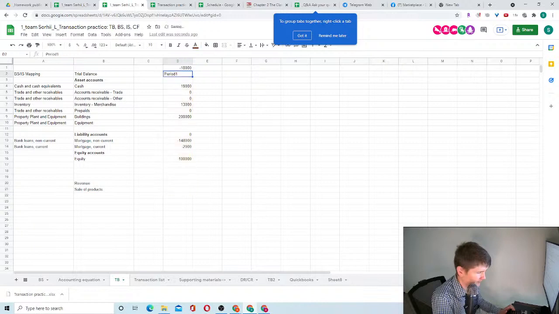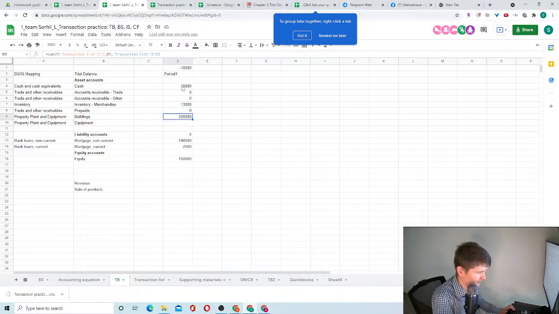And what we need to see here is, wow, our trial balance does not balance by $18,000. What might have caused it? And if you see, there are already some IF functions, formulas here, and I'm doing that on the team1 file.